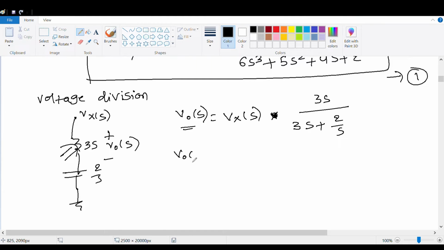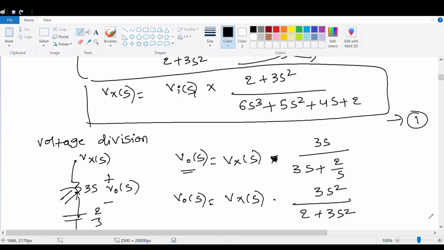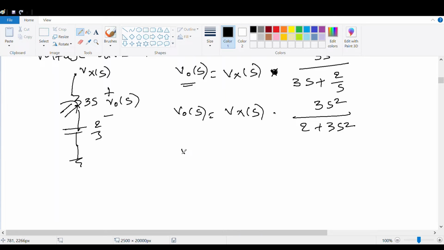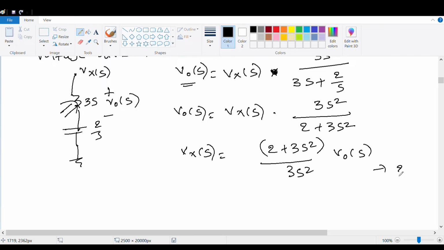Therefore V0 of s equals Vx of s into 3s square by 2 plus 3s square, because s will go up. So Vx of s equals 2 plus 3s square by 3s square times V0 of s. This is equation number 2.